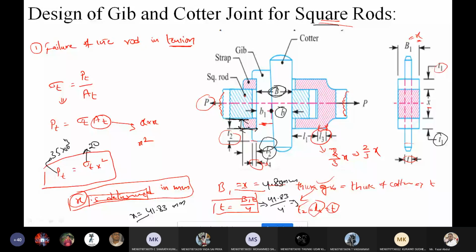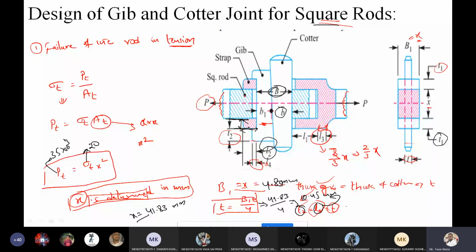What is T value? 41.83 by 4, 10.45. 10.45 mm. Now what is L4 value? L4 value and T2 value are all same.